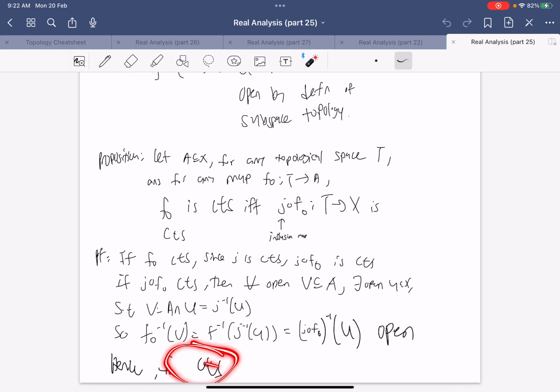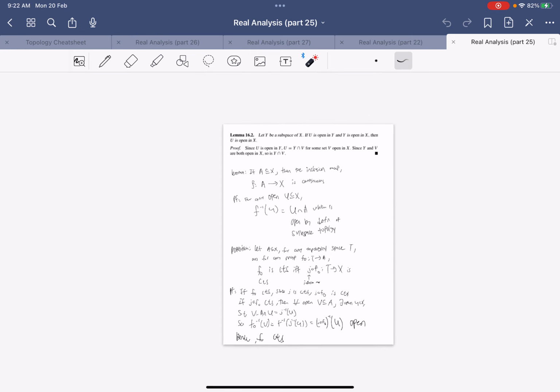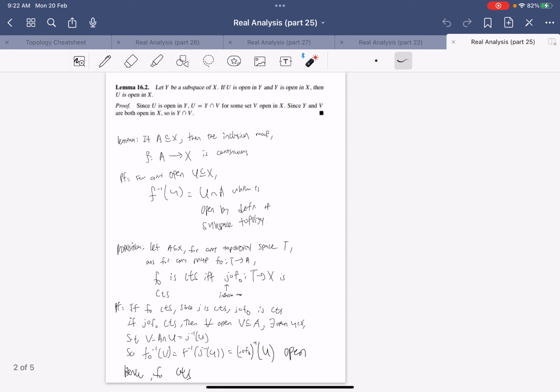And hence f0 is continuous. And so we can really say that f0 is continuous if and only if the inclusion map composed with f0 is also continuous. And that only works for subspace topologies. So it's a very useful property for subspace topologies to have.